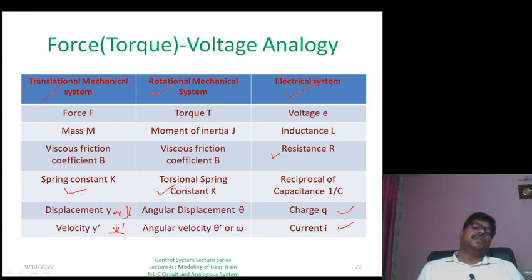In the mechanical system, if there is a translational system, there is a displacement x or y. Correspondingly, in a rotational system, there is a displacement theta. In the electrical system, there is a movement of charge. If the movement of charge takes place, then there will be a flow of current, and this flow of current is analogous to the angular velocity in the rotational system and velocity in the translational system.